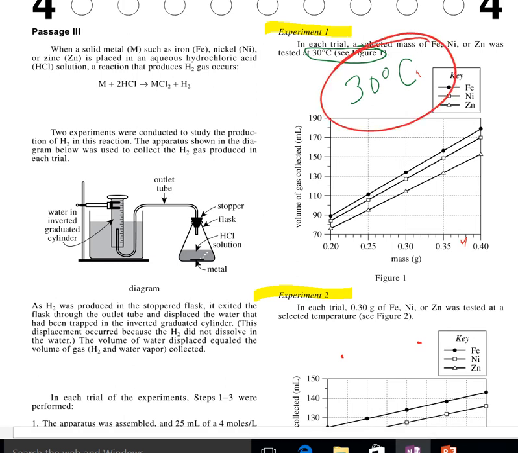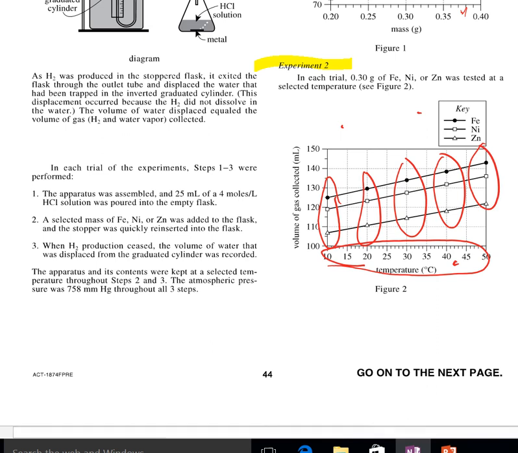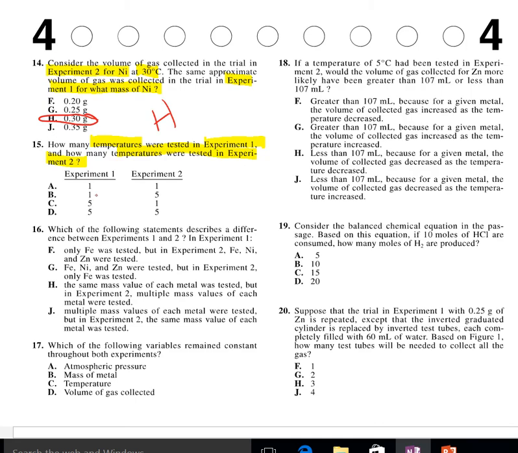So we know that's going to be one temperature. And now this one's tricky because you've got all these temperatures down here on the bottom. But really, how many temperatures were tested? Only 5. So in experiment 1, one temperature was tested and 5 were tested in experiment 2. So the correct answer is B for that one.